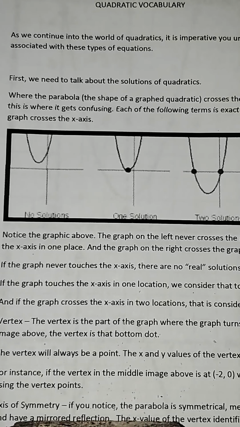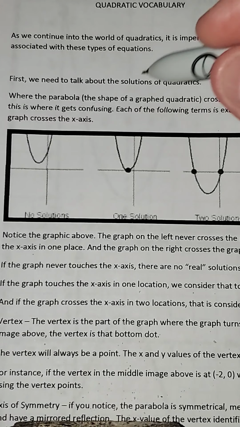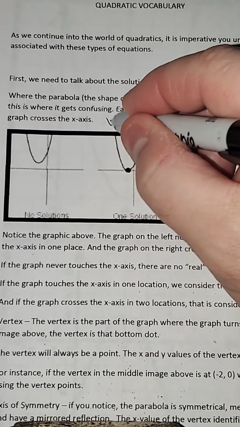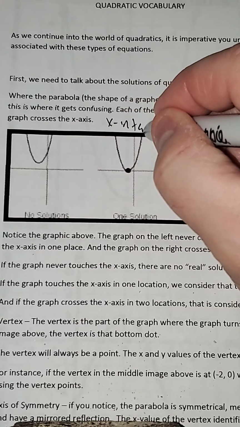And now this is where it's going to get a little confusing for you. Each of the following terms that I'm going to give you is one of the ways you can identify solutions for a quadratic equation. One, we call them x-intercepts.